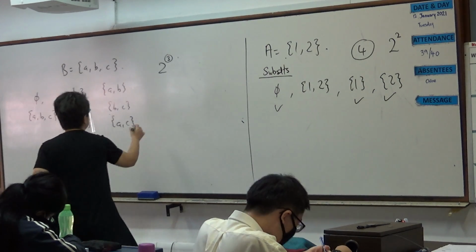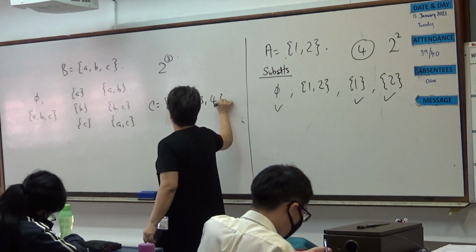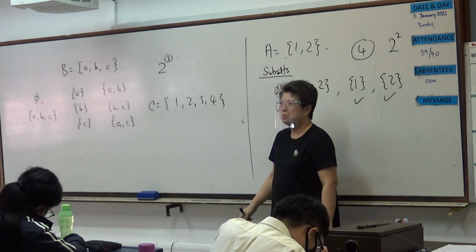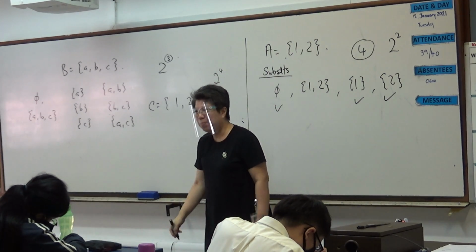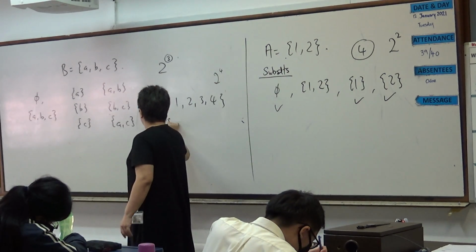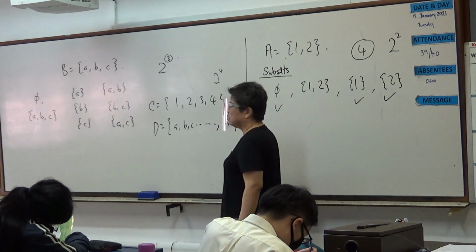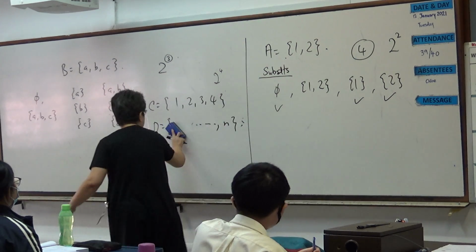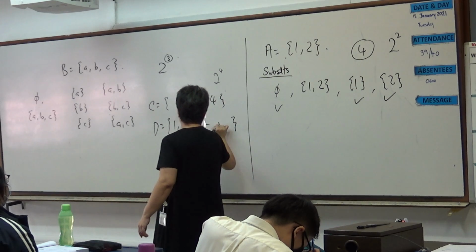Okay, then I want to ask, what if there are 4 elements? How many subsets? 2 to the power of what? To the power of 4. What if I have n elements, A, B, C, 1, 2, 3, all the way until n?